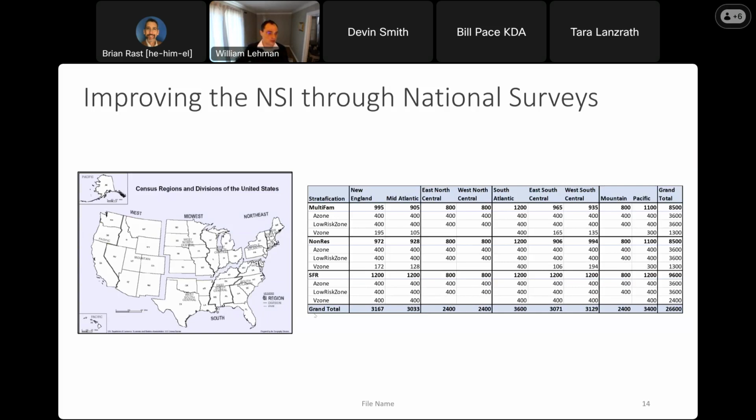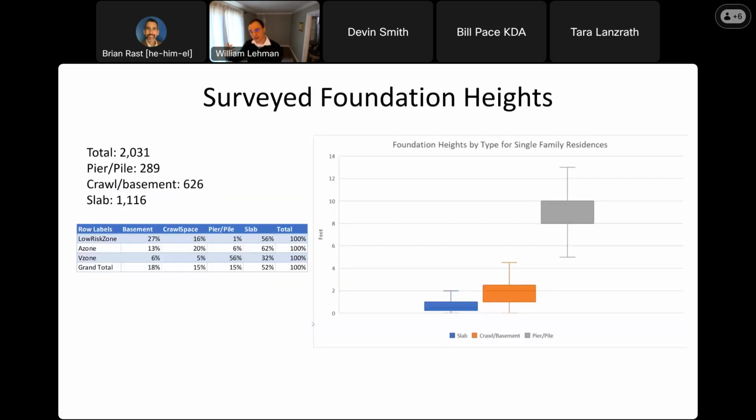That allowed us to develop a better understanding of the distribution that we would apply when generating the National Structure Inventory, which would overall improve that base level data, but still wouldn't necessarily be as specific as a Kansas specific survey.